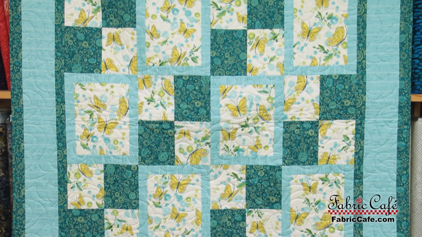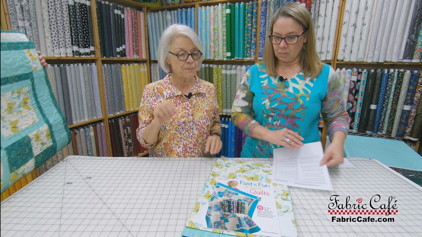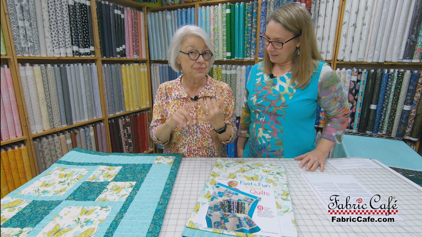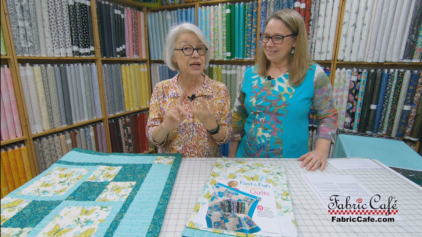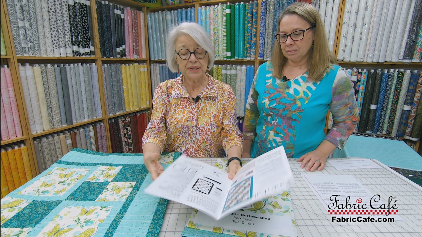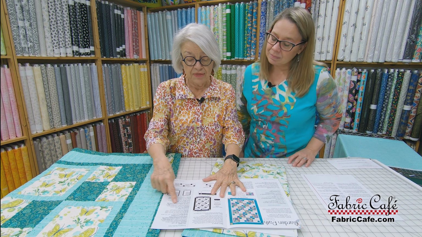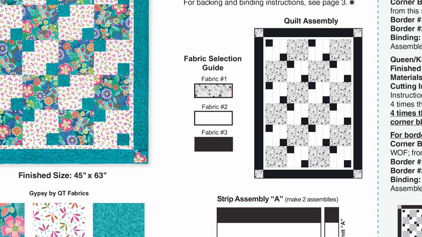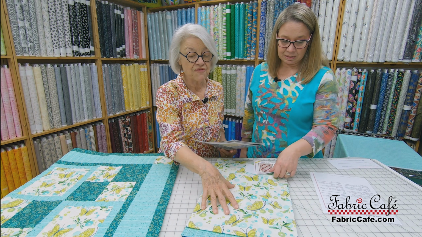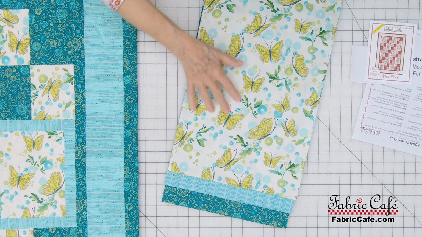And then what we did is we created 3 different positions for the fabrics. We have a focus fabric, a light fabric, and a dark fabric. And when you look at the patterns, you're going to see that we have the legend like this, where we have a polka dot, a light, and a dark. And that's all you have to do. So if you look at this, you'll see we have our focus, which is represented by that polka dot.